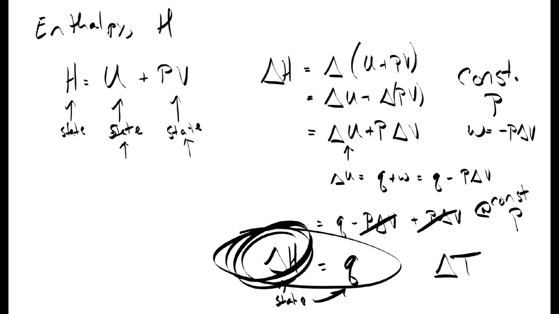Because what kind of system is constant pressure? An open beaker sitting on a benchtop. And that is a lot of chemistry. So enthalpy is a really, really big, powerful tool in the arsenal of just a typical practicing chemist.